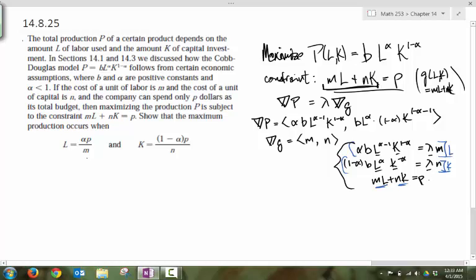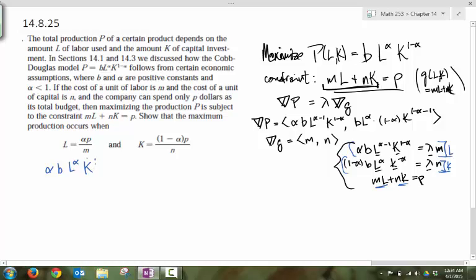So let's rewrite our equations. Let's take our first equation and multiply both sides by L. I'm going to get alpha times B, and now I have an L to the alpha minus 1 times another L, so that's just going to be L to the alpha power.